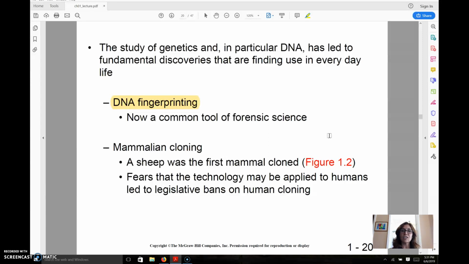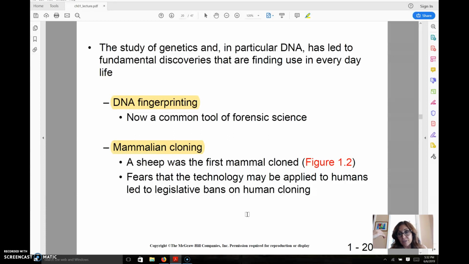Another thing that's been very interesting in the last about 20 years is mammalian cloning. This is a really kind of controversial subject. This is where you take the DNA of one organism and you stick it into the developing egg of a young organism of the same species, and that allows you to basically make a genetically identical individual of the donor organism.